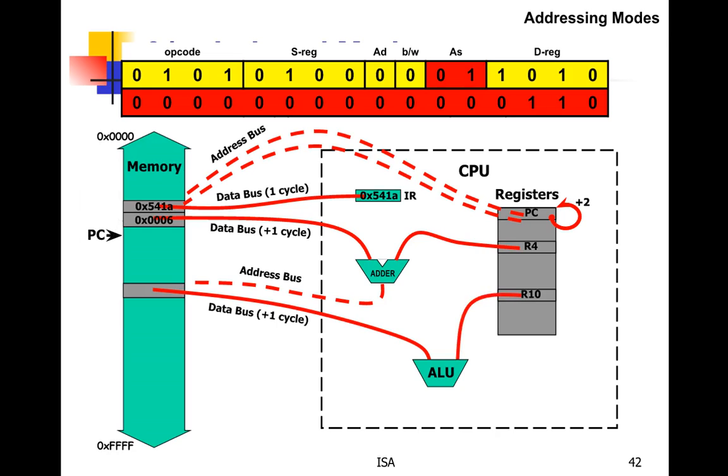Okay, so what is happening here? There it is. Whatever's in R10 goes into the other input, and the result goes back into R10. So that's basically what was going on there, and that's how indexed addressing works.